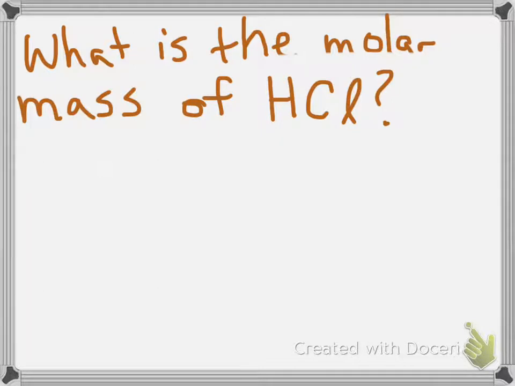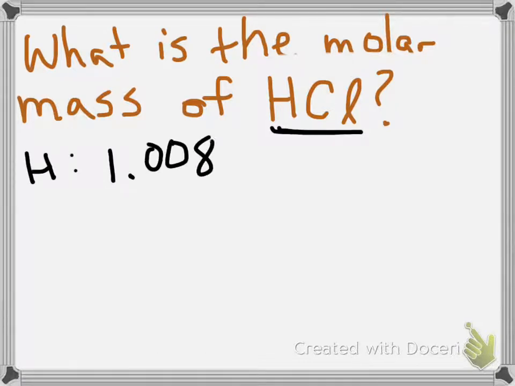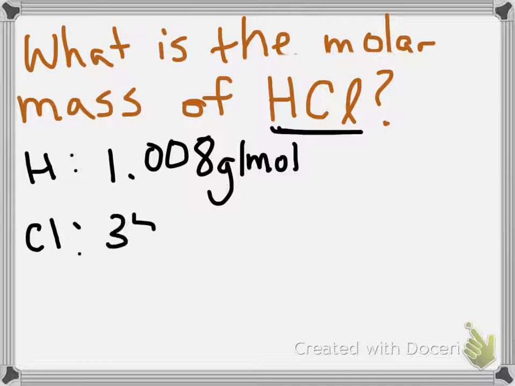But what if we want to know the molar mass of a compound? So this compound is HCl. So first we find the mass of H. Hydrogen has a mass of 1.008 grams per mole, and chlorine has a mass of 35.45 grams per mole.